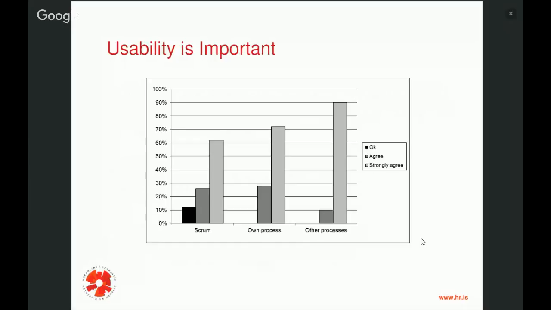And there was, yeah, other processes, they think it's really, they strongly agree that it's important, on process a little bit less, and Scrum the least out of these. So I was actually worried that this new process was not emphasizing usability, or they didn't have time, or they didn't think users were as important as before, because the results say that a little bit.